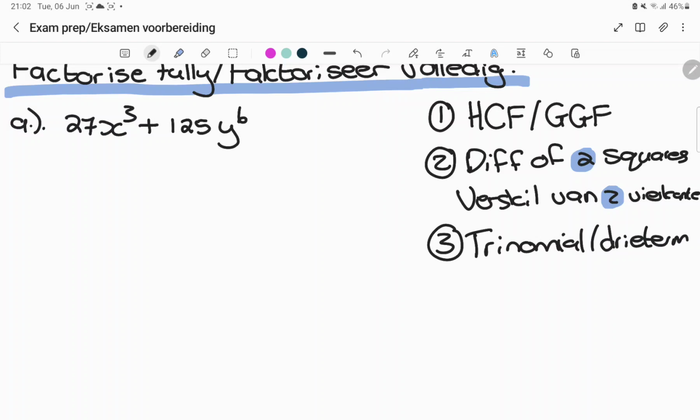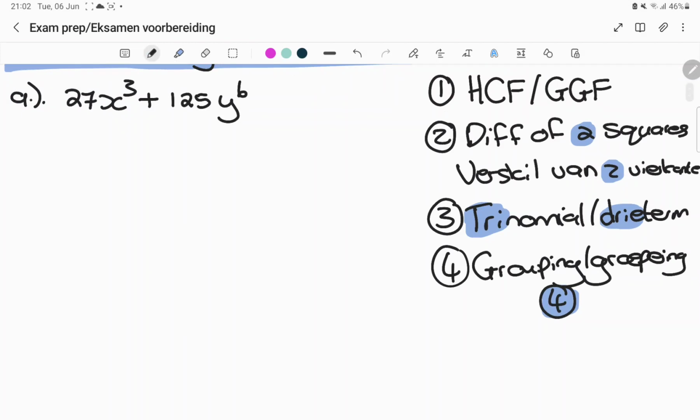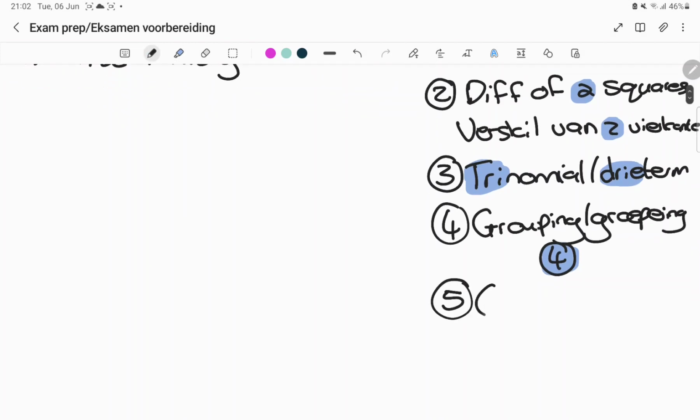This one is obviously only applicable if there is 3 terms. And then I have my fourth option, which is grouping, or groepering in Afrikaans. And I know this one is only applicable if there is 4 terms. And then my last method is my cubes, or in Afrikaans, my derde magte. Once again, this one is only applicable if there is 2 terms.